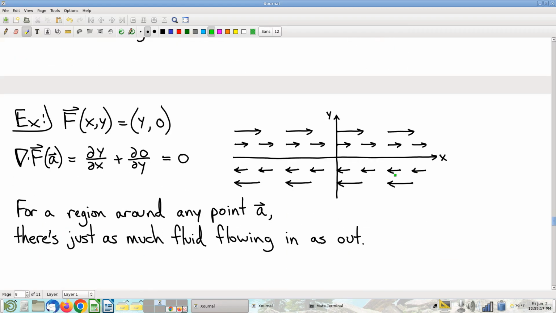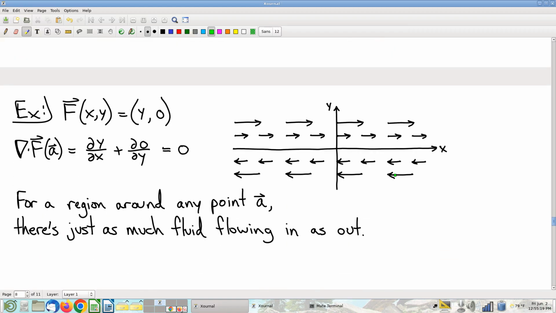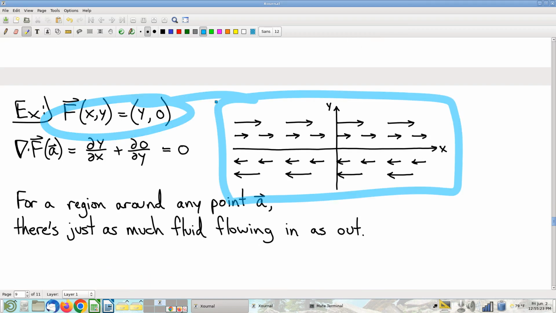All right, now just another example. Here's a vector field. You can persuade yourself it looks something like this. Let's compute the divergence. The divergence is computed by this formula, same as on the previous page. Easy partial derivatives. The answer is 0. What does this mean?